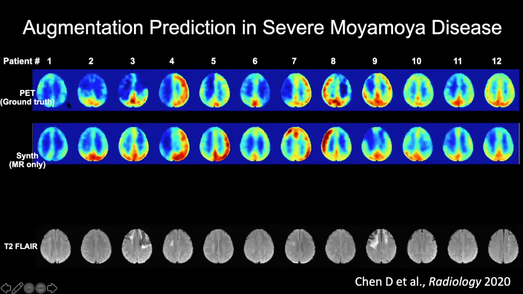At the top is what the blood flow increase in their brain looks like after the drug from the ground truth PET study. And then the second row is the synthesized images that were trained using a deep network. You can see they don't look exactly the same, but they look pretty similar. And in fact, if you take a look at different regions and you set thresholds for augmentation, it turns out that it performs pretty well at identifying areas with poor augmentation.